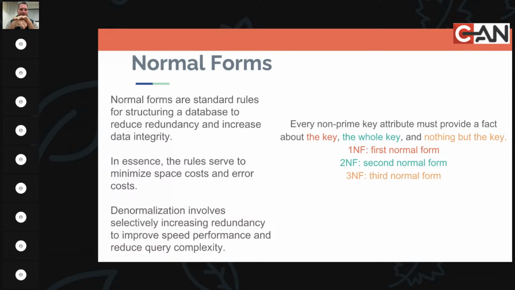So normal forms are rules to help you decide when to maybe stop a table and start another one, if I can say that in plain English. And really it's going to help you reduce redundancy.